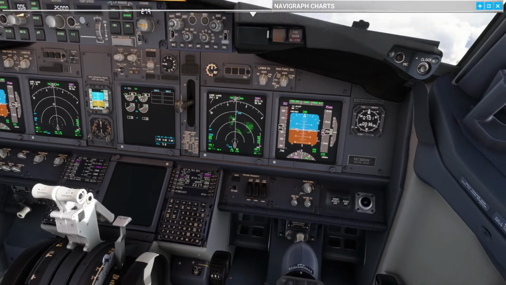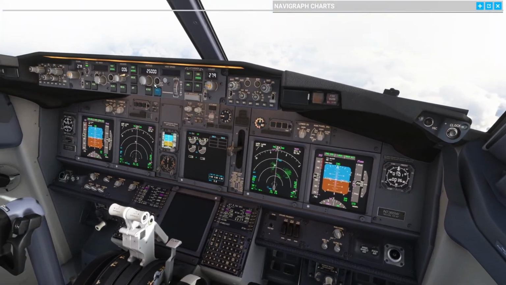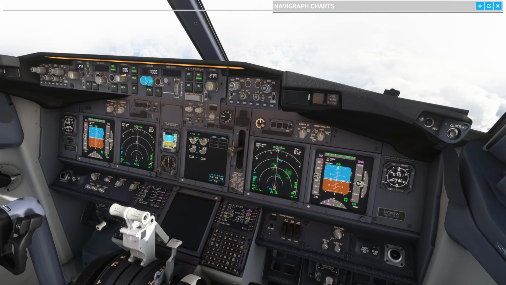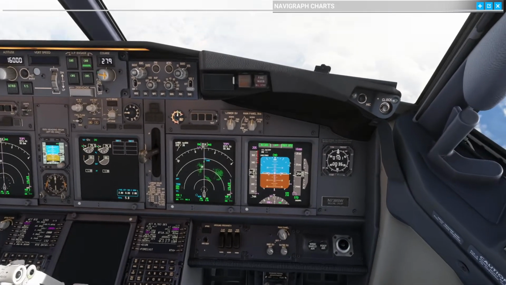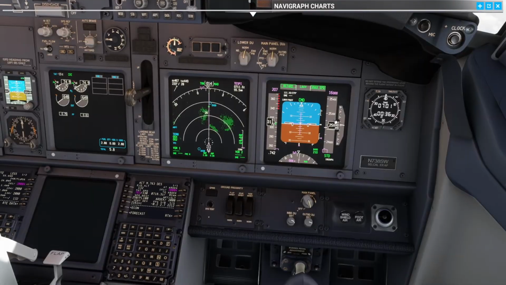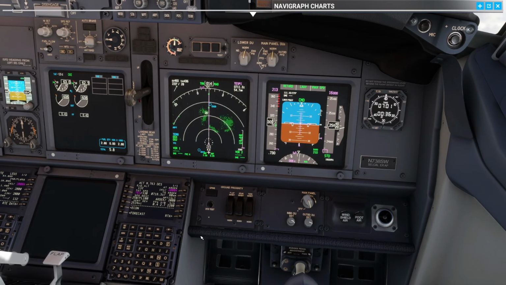So as soon as I unfreeze, guys, and we go to a lower altitude here, let's say that we are cleared descent flight level 160. We unfreeze now, press speed intervene, and let's see on the FMAs here. We see on the FMAs VNAV speed. So what is VNAV going to do now, guys?